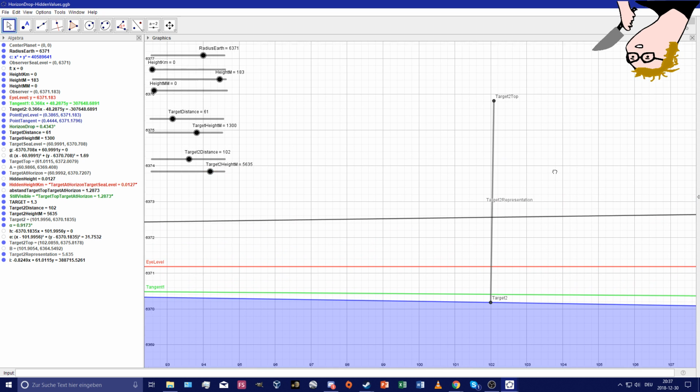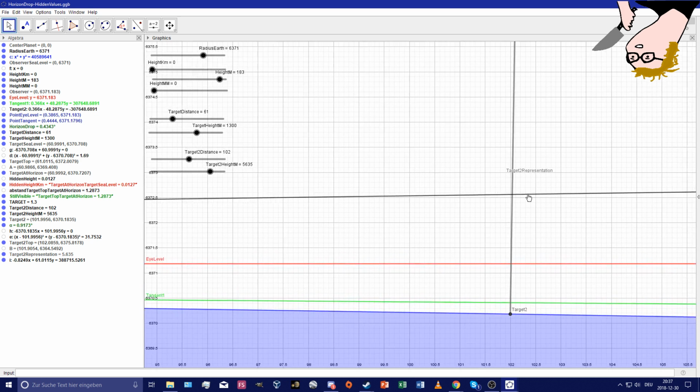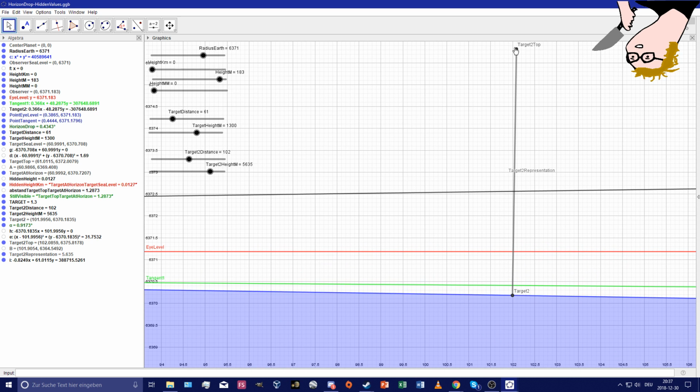We see that everything below this point is actually hidden. So what's interesting for us in this case is only how much of this is visible, because we don't care what's underneath here, because actually we can subtract the two. Plus, this is obviously dependent on whether the horizon is below the sight line to the first target top or not.